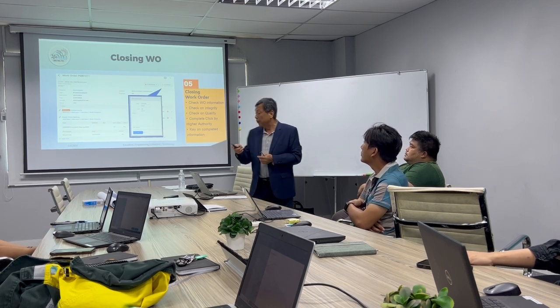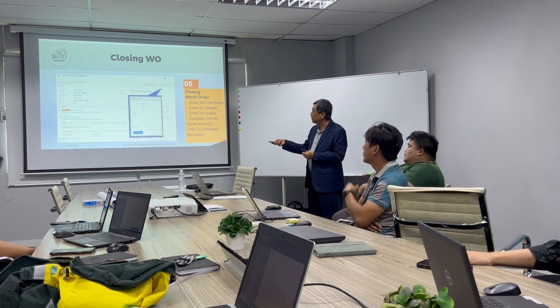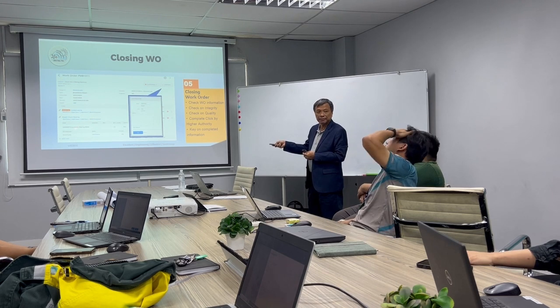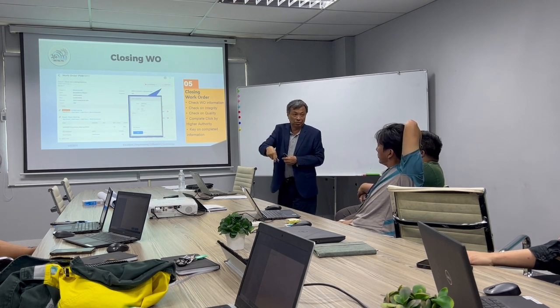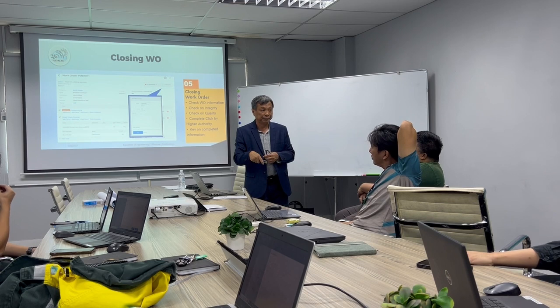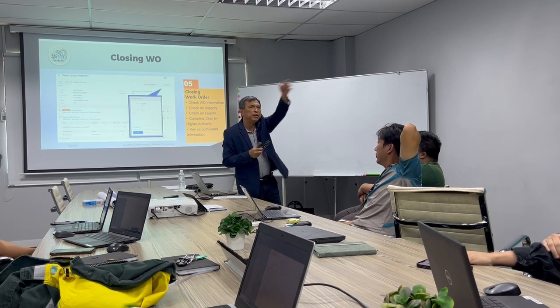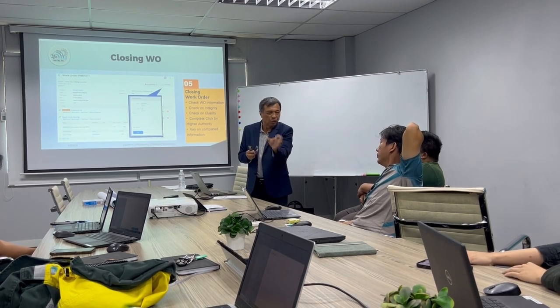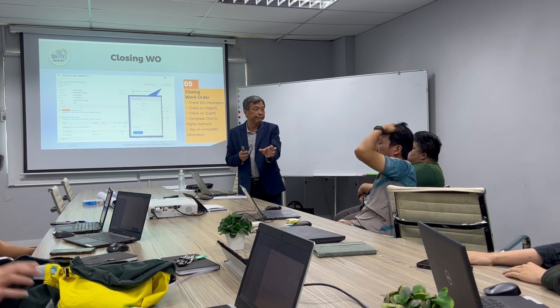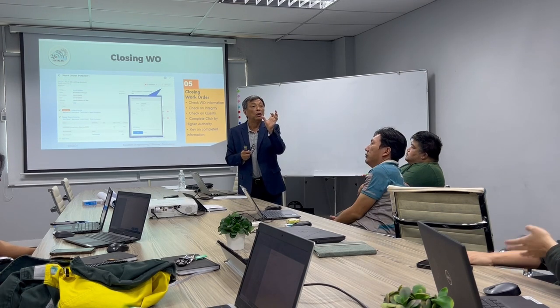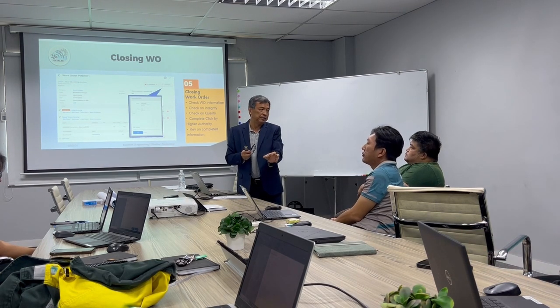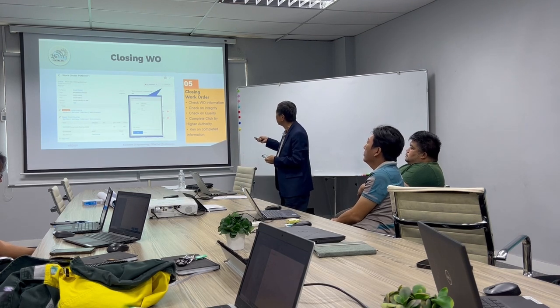And then they will put all the information on the paper, and come back to the station and key it in at the station. So you provide a station here, for example in this office you provide one computer just for this system. They will go to the system, complete it and close it.